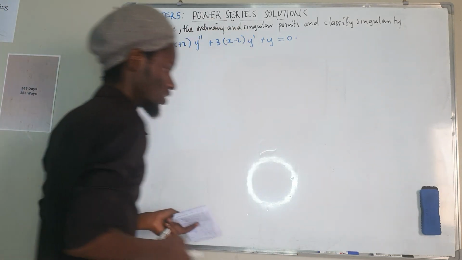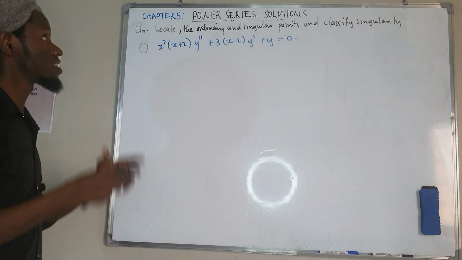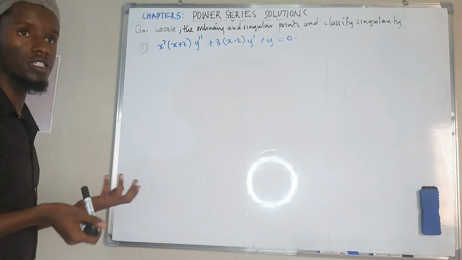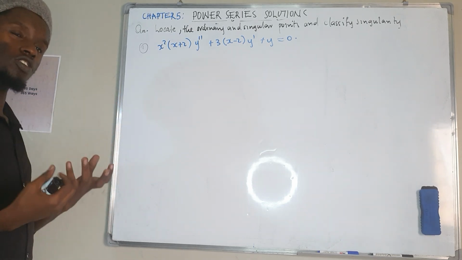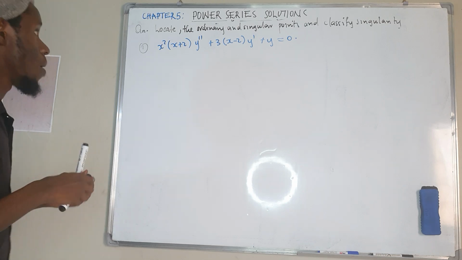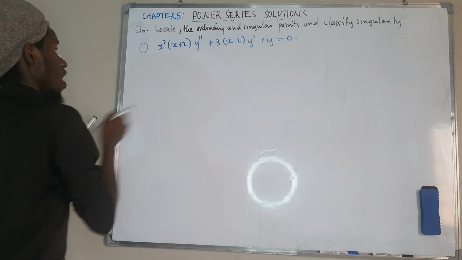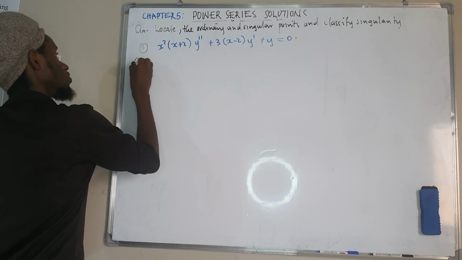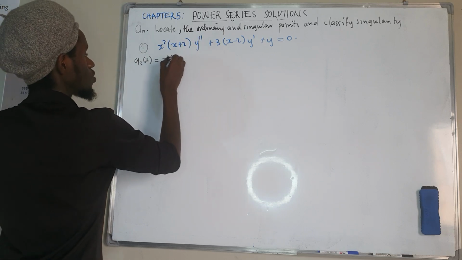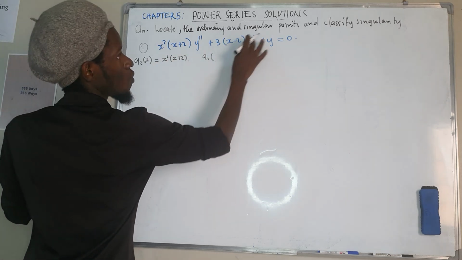From here we just need to apply what we said: we classify an ordinary point or singular point depending on whether our rational functions are defined at that point x. Therefore, my task is to get my rational functions. What is my a2? My a2 is the coefficient of y double derivative, which is x squared times (x plus 2). What would be my a1? My a1 is the coefficient of y single derivative.